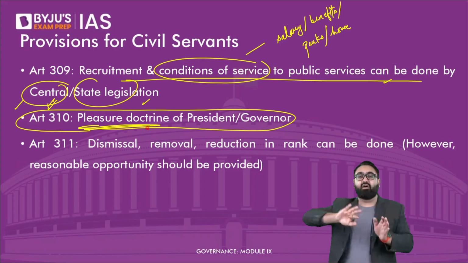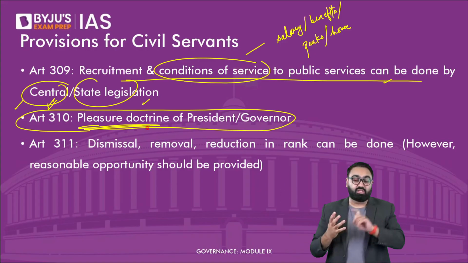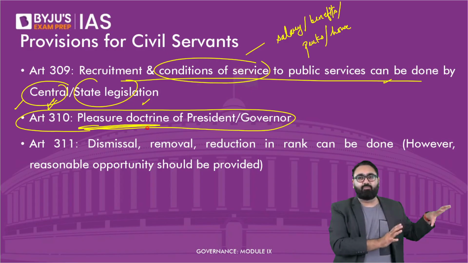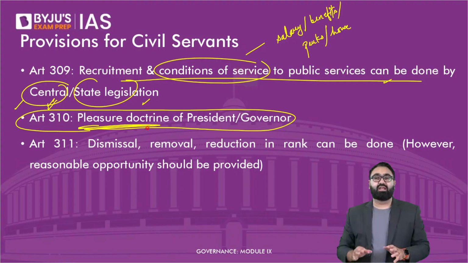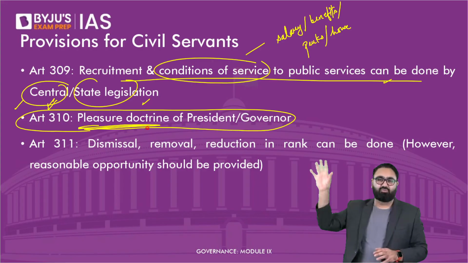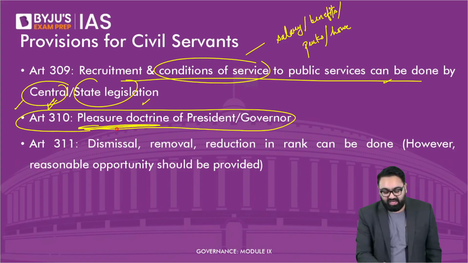So one way of removal is that there is a proper Parliament role, there's a role of the Supreme Court, etc. Then the other set of people are those that can just be removed by the order of the president or the governor, without all of that, where the parliament has to vote, or this has to be done, that has to be done. This is what you call the pleasure doctrine.